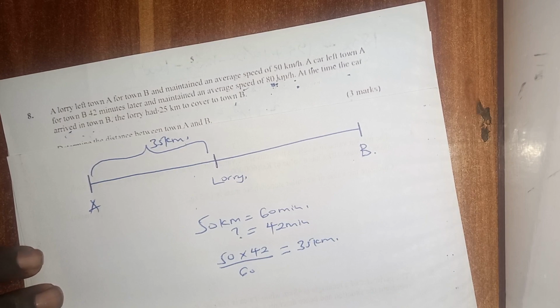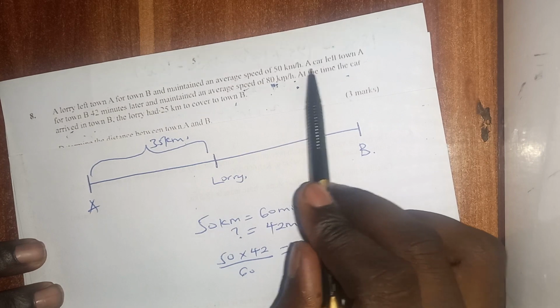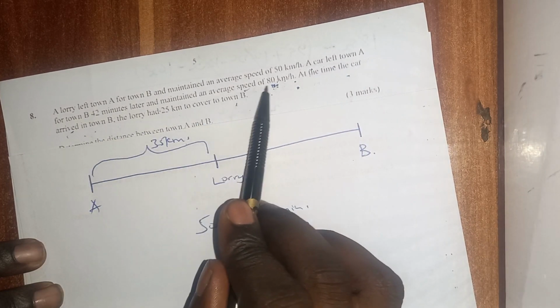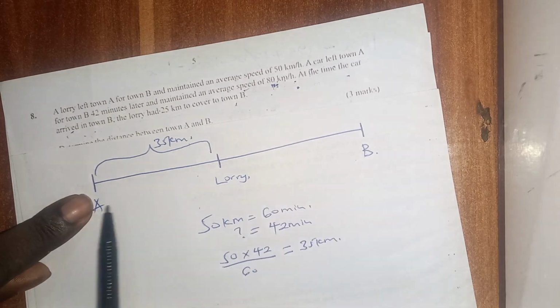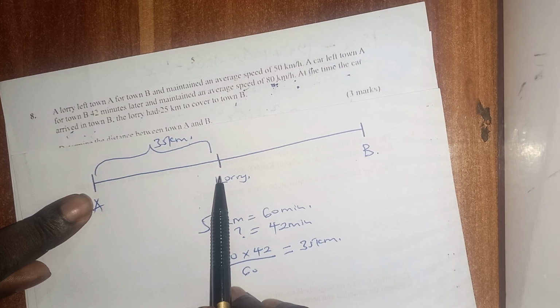Now, we continue reading the question. A car left town A for town B 42 minutes later and maintained an average speed of 80 kilometers per hour. So, by the time the car was leaving to go to town B, the lorry had covered 35 kilometers.